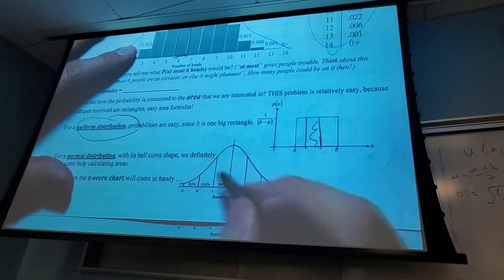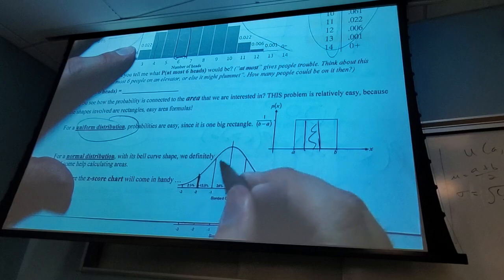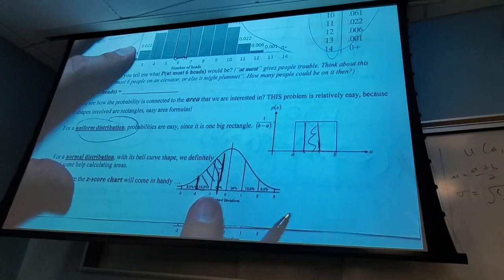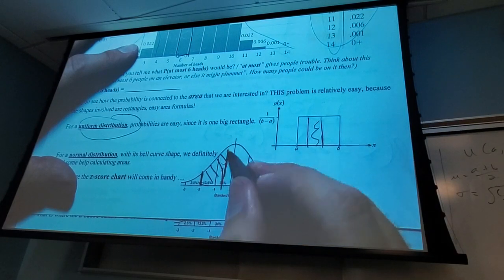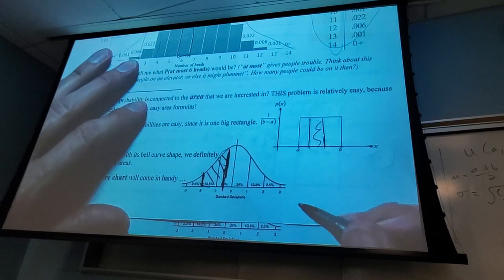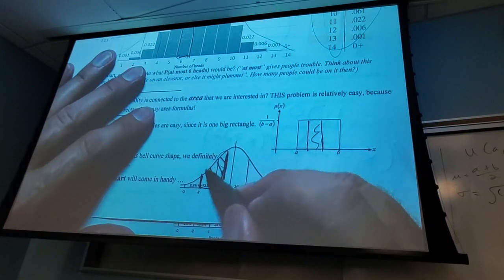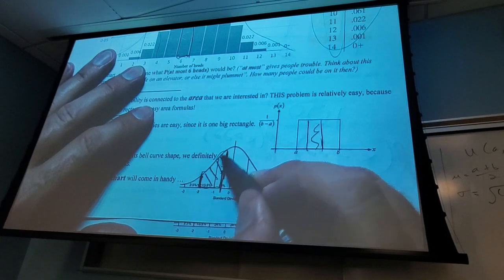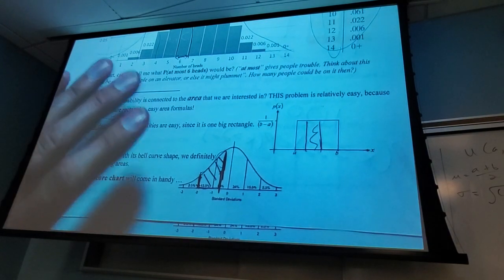When I have a normal curve, if I wanted to know the area between these two, is that a shape that we have an area formula for? What is the formula for a curvy-sided shape? We don't have a formula for that, do we?